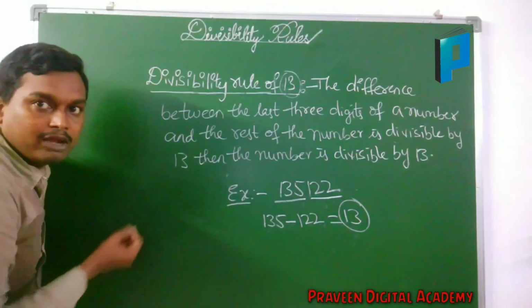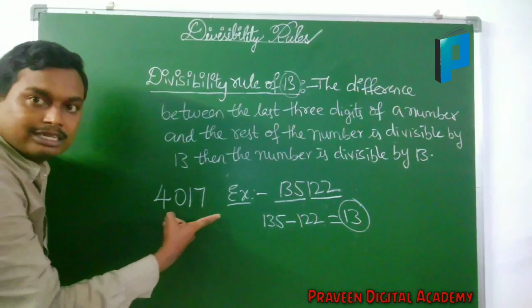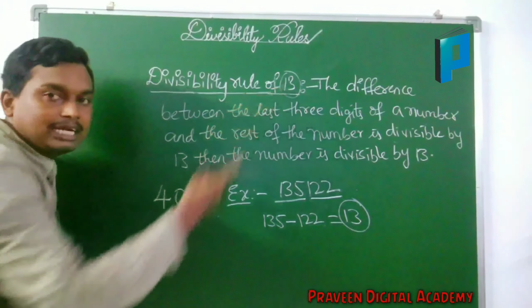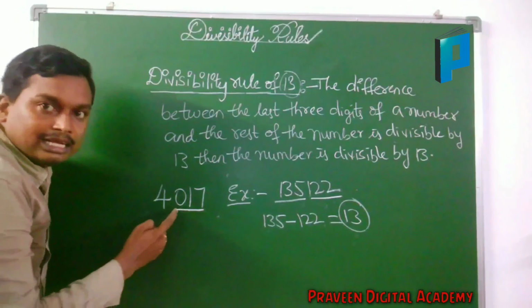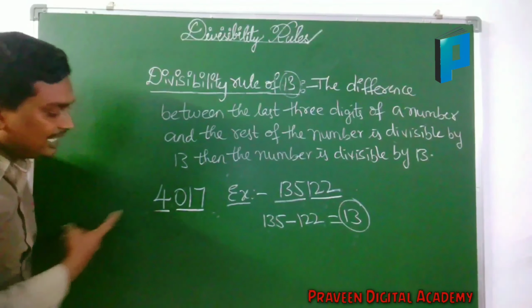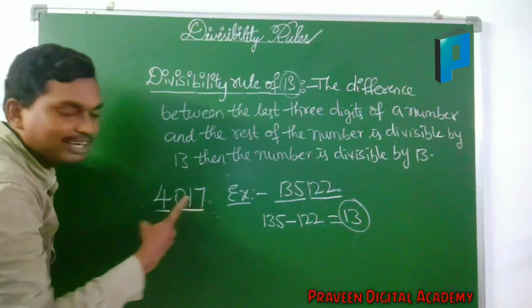If you have a question like 4017, you should check whether this number is divisible by 13 or not. For that, we will take the last 3 digits and the rest. The rest is one number only, here 4, and 017 is 17.